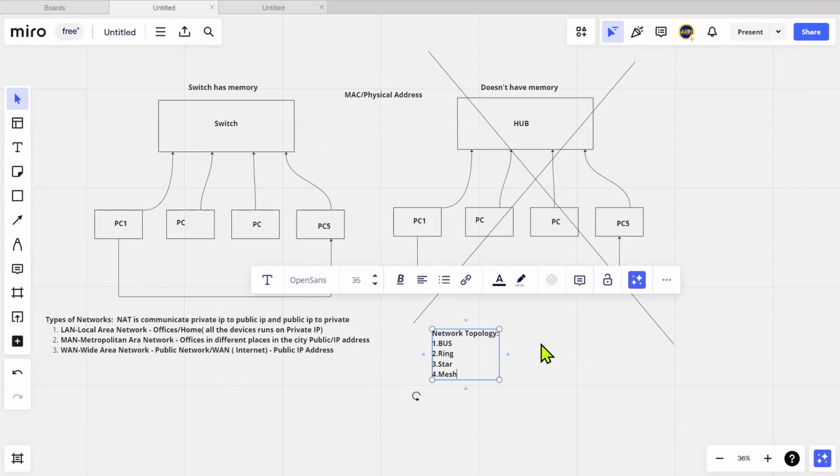Okay, these are the topologies. Topology is nothing but design. That's it. So who will design this? Are we designing this, or will someone else design this network topology?